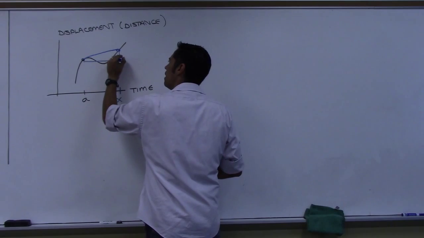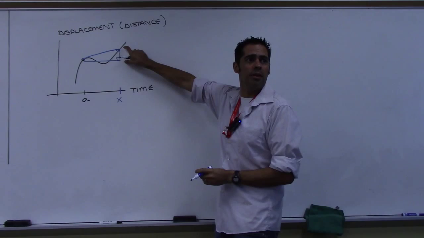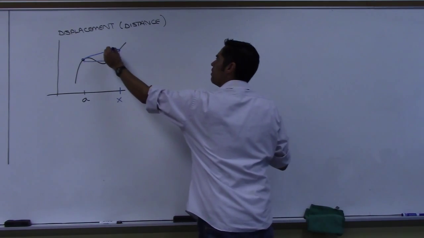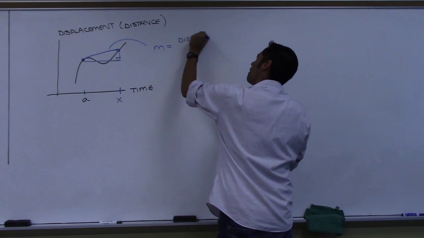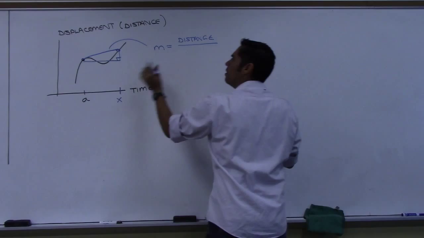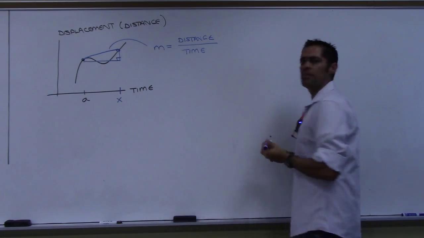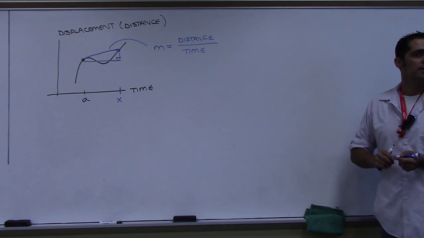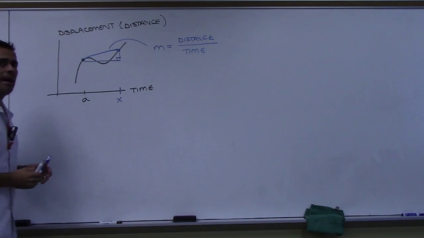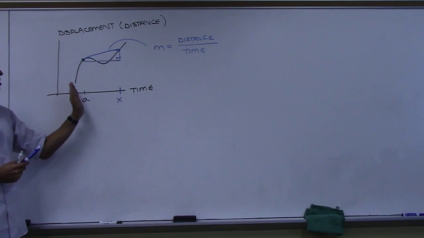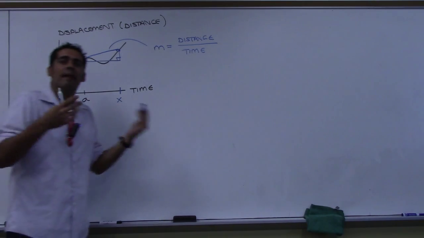The rise over run here: the rise would be a distance, wouldn't it? So this slope right here, the rise would be a distance, and the run would be a what? A time. And what is distance divided by time equal to? Velocity. That's your speed. So the slope of this secant line would represent your average speed over this time gap. From time A to time x, that slope is your average speed.